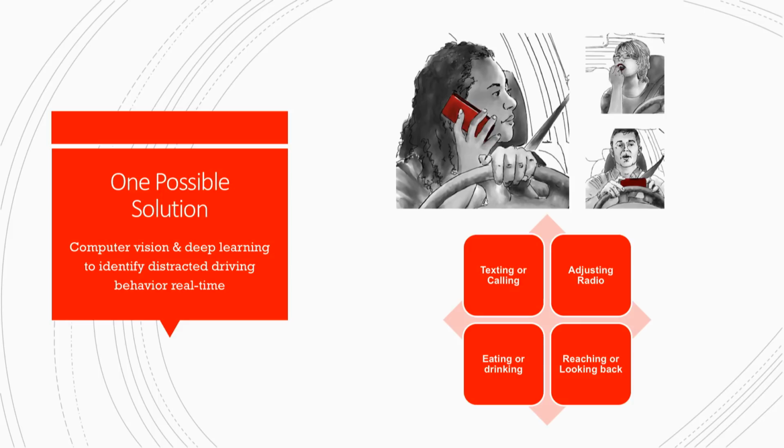Then eating or drinking something, where again you have your hands off the wheel. Then reaching for something in the back, looking behind, talking to somebody in the back seat. There could be other actions as well. Grooming, we all know, is a big culprit. Then we narrowed down to a set of distracted driving actions that we would use for our research, which I will talk about in more detail in the next slide.